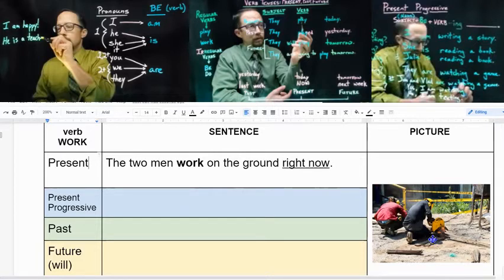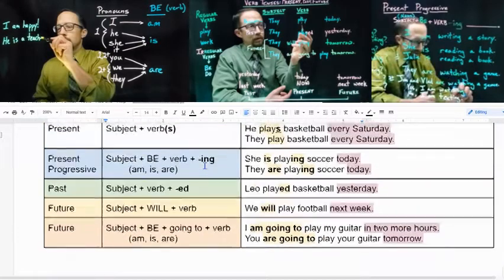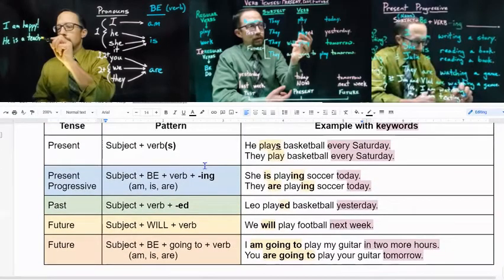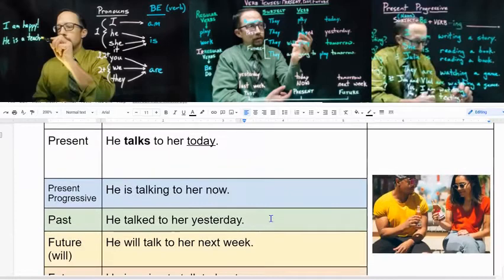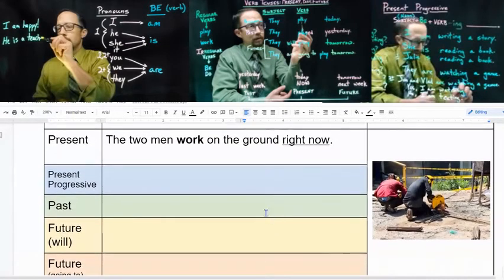The two men work on the ground. This is more than one person, so there is no S. Remember our notes? Two or more people, like they, there is no S.